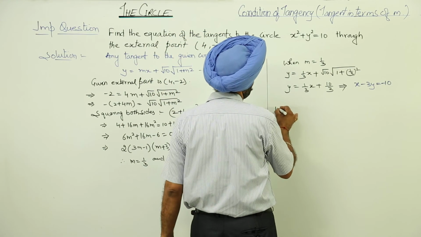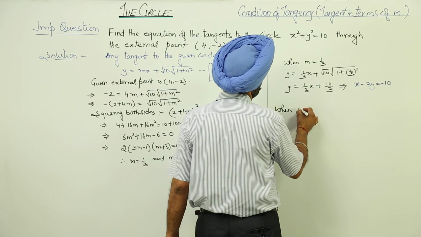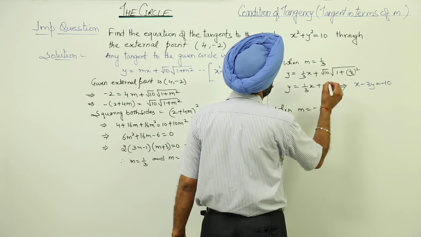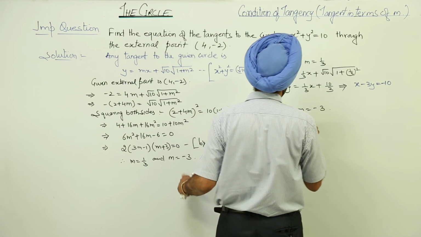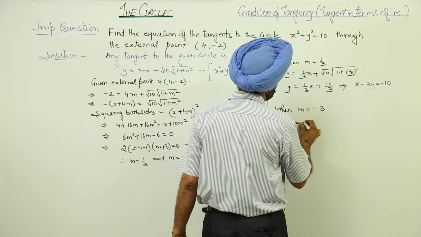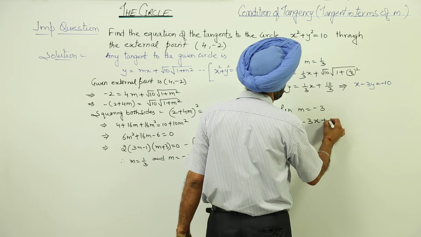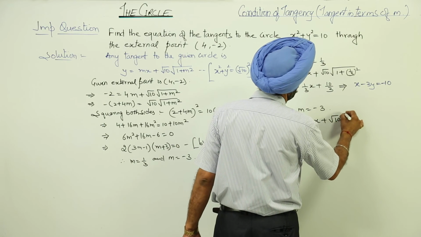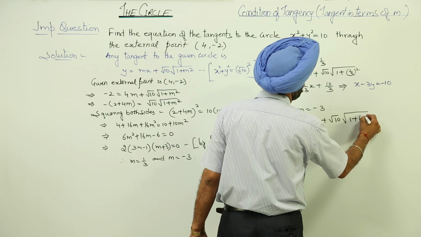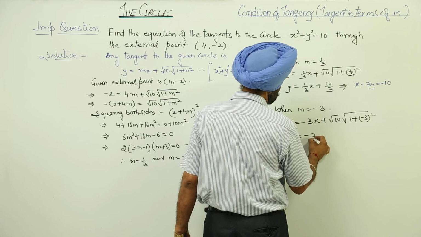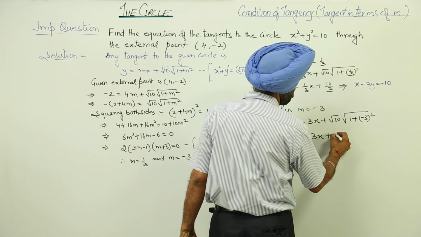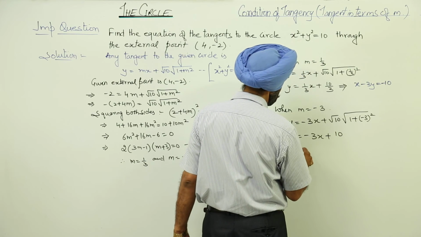When m is equal to negative of 3, then y is equal to negative of 3x plus root 10 with 1 plus negative of 3 whole square, y is equal to negative 3x plus 10.